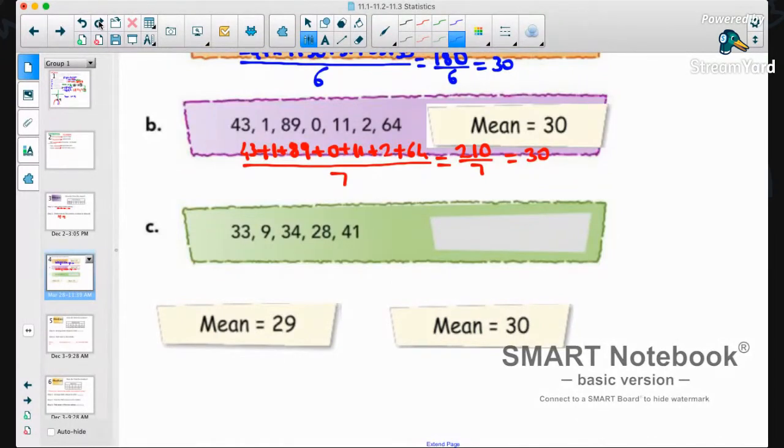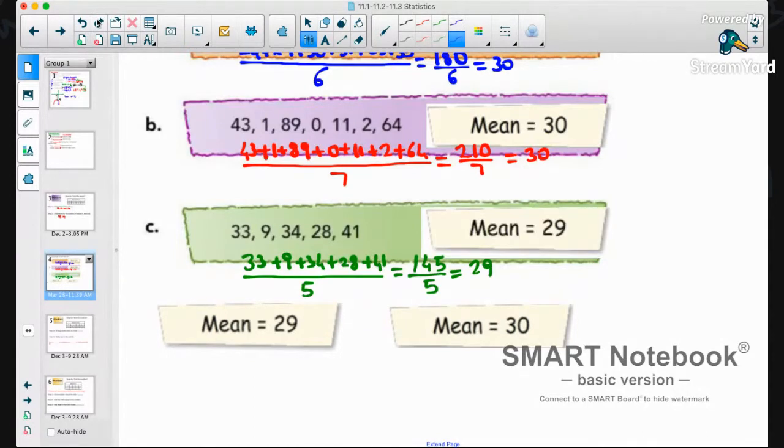The last one is, when you add all the given data, 33 plus 9 plus 34 plus 28 plus 41, and divide by the number of data, which is 5, then you will get 145 divided by 5, which is equal to 29, and this is your mean.